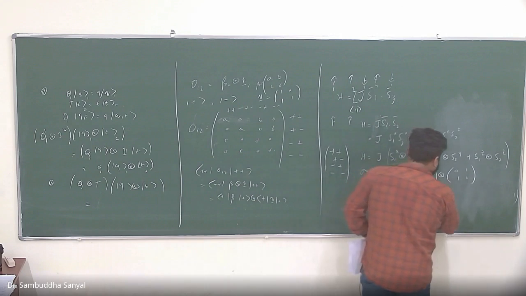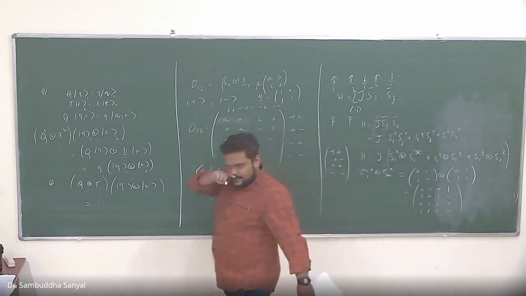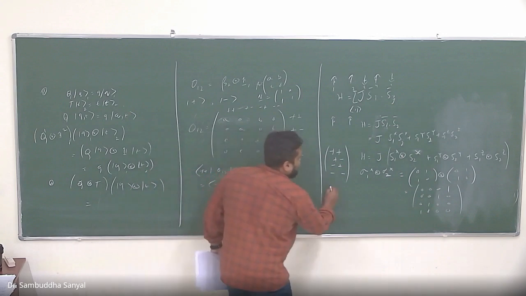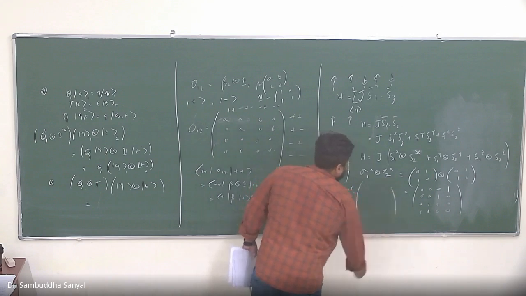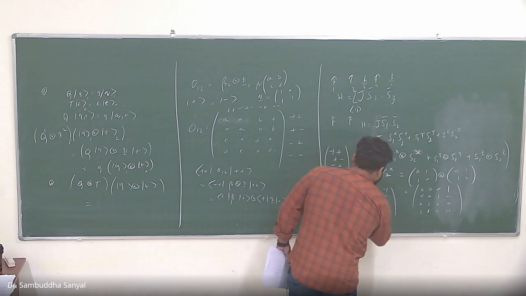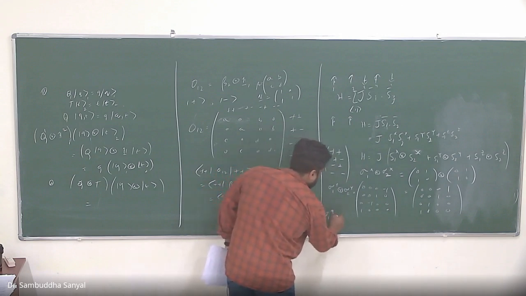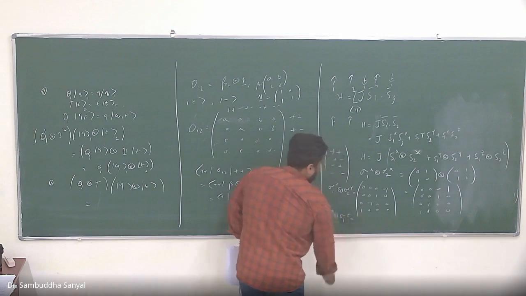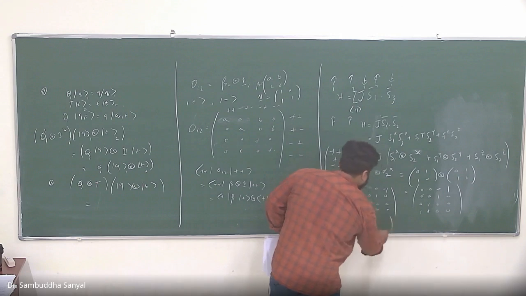So then it will become this. I can similarly evaluate the second term, this would become this, and the third term. And 0 everywhere else.